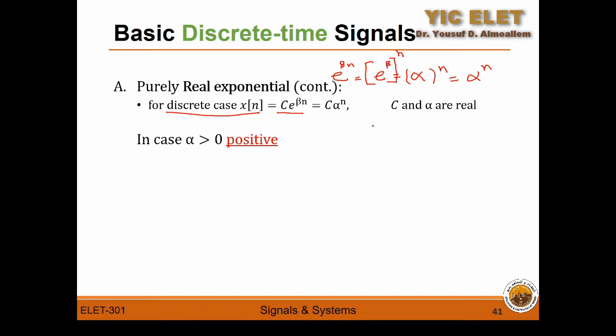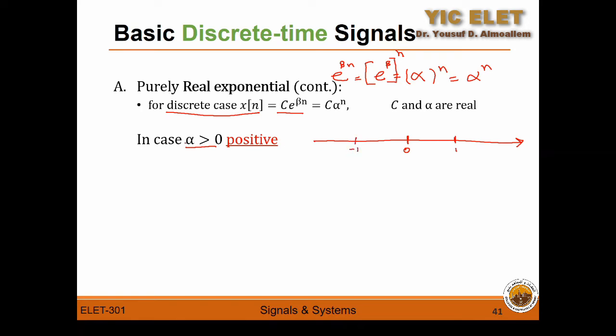Now, in discrete time, we have to consider a few more cases of alpha. So what if alpha is positive? Now we are in the real numbers, this is the 0 point, this is 1, and this is minus 1.